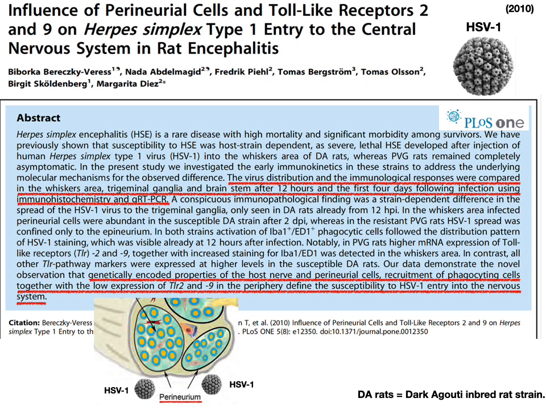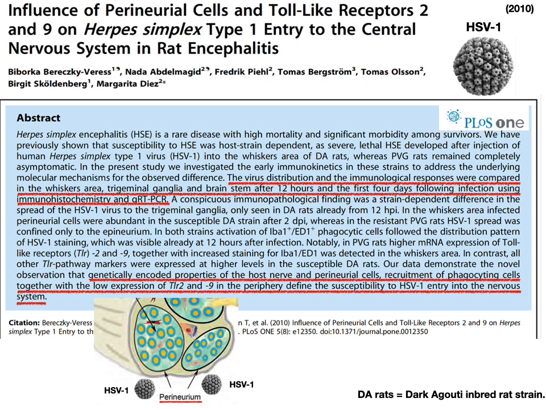The authors of this paper studied HSV1 infection in two types of rat strains. One was a highly inbred strain known as the DA strain. DA rats is an abbreviation for dark agouti rats.